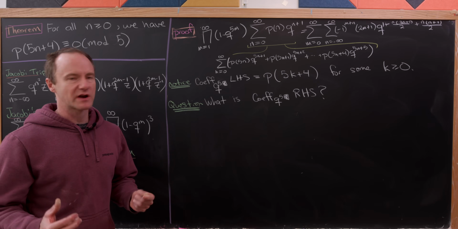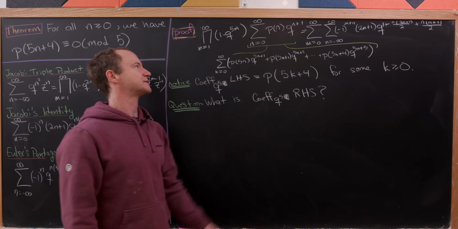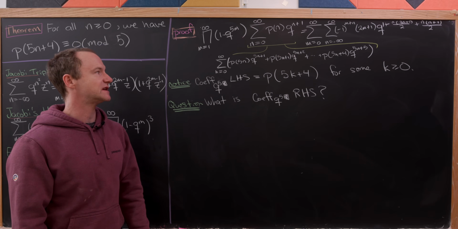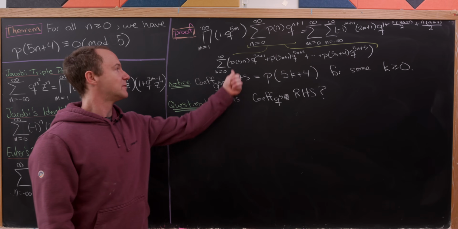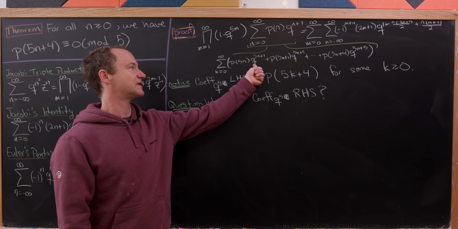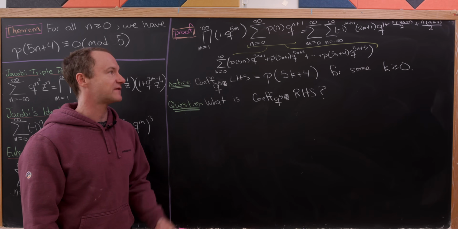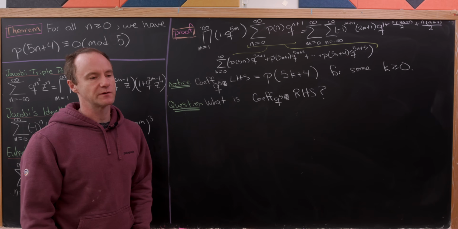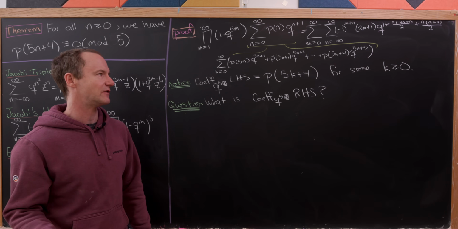Now, here's how we want to think about this left-hand side. So let's take this sum as n goes from 0 to infinity of p of n times q to the n plus 1, and let's break it into p of 5n times q to the 5n plus 1, p of 5n plus 1 times q to the 5n plus 2, so on and so forth. So in other words, we're breaking it into its pieces mod 5, if you will.